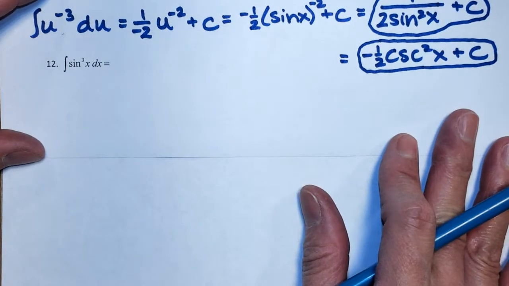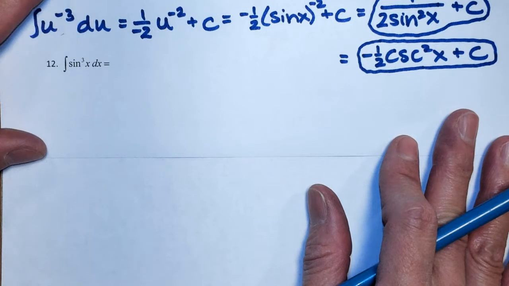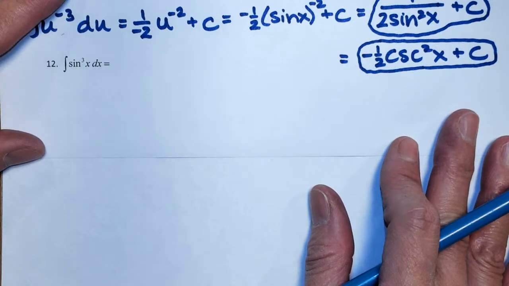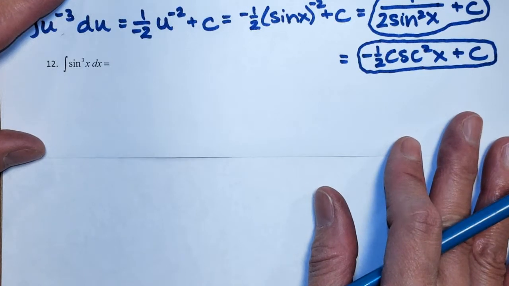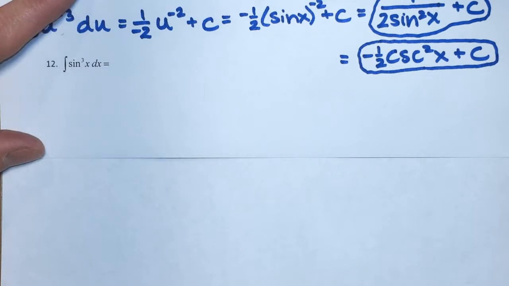We would need a cosine. So here's the trick. We are going to use a Pythagorean identity here to create an expression that has a function and its derivative.